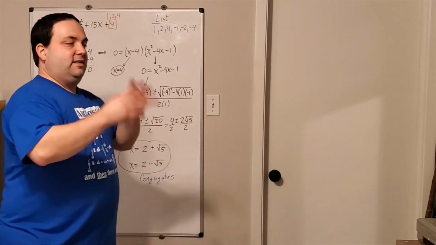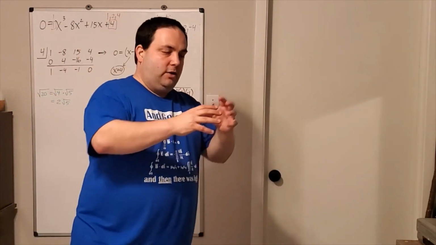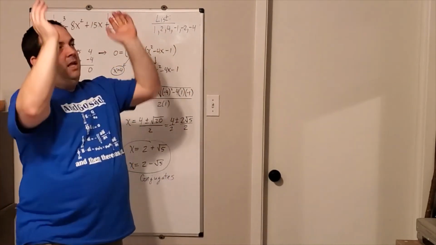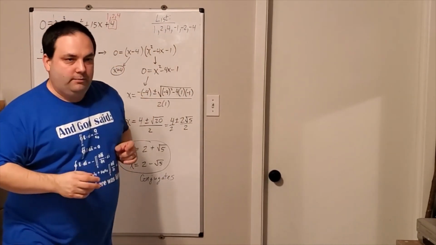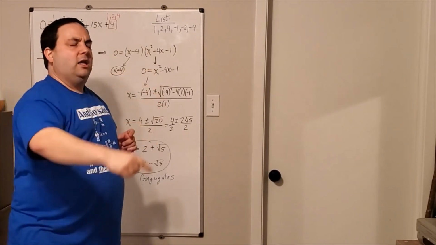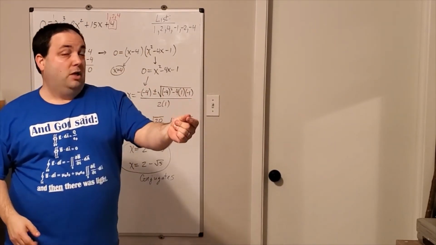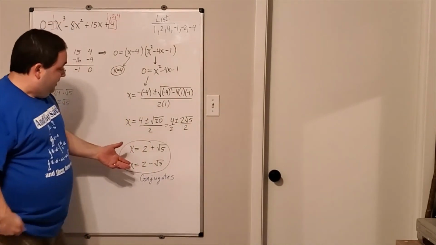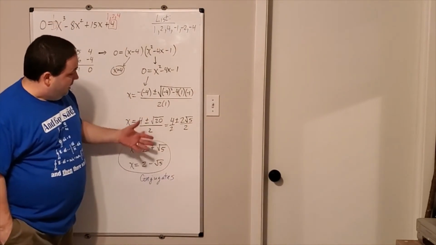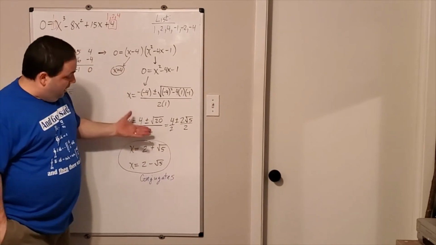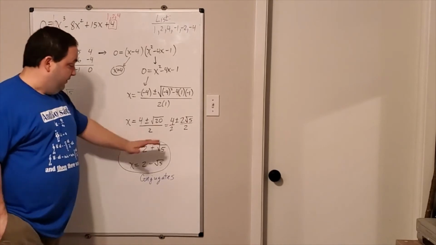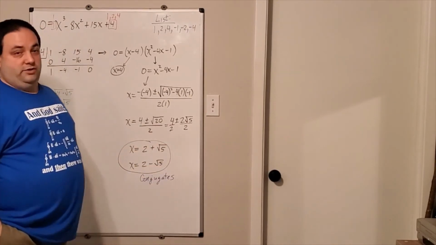So if someone says, hey, I've got this quadratic or I've got this polynomial, and I know one of the answers is 9 minus the square root of 7, you know automatically, oh, well, then 9 plus square root of 7 is also one of the answers. Okay? So anything that's irrational like this, in the polynomials that we solve, they're always going to be in conjugate pairs like that. Okay? So if I've got one, I'm going to end up with the other one too.